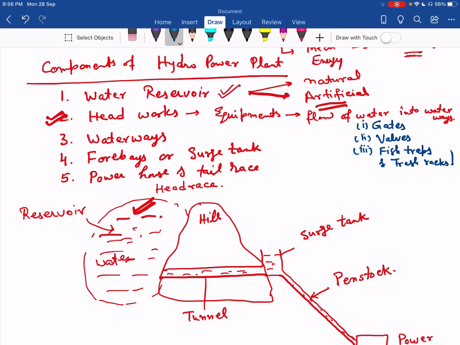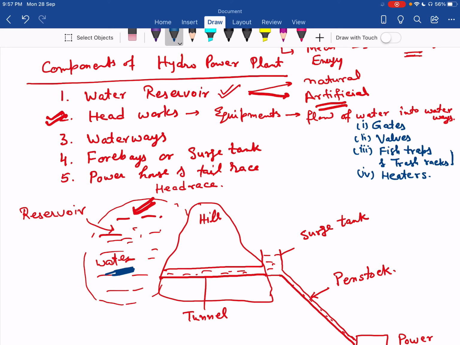Another thing we have in the headrace is the heaters. Normally in cold countries, the water in the reservoir is in the form of ice.